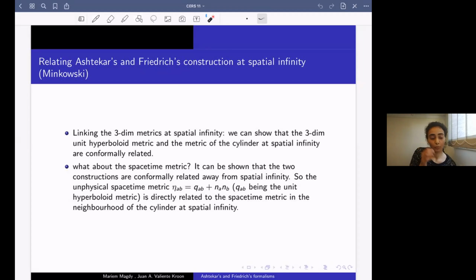So then we use a coordinate transformation to remove this singularity, so that we have a regular metric as we go to infinity. So again, when we go to infinity, our metric is actually just the metric of the cylinder.